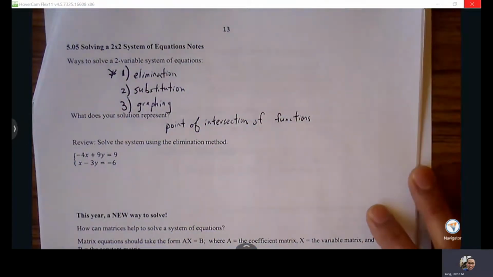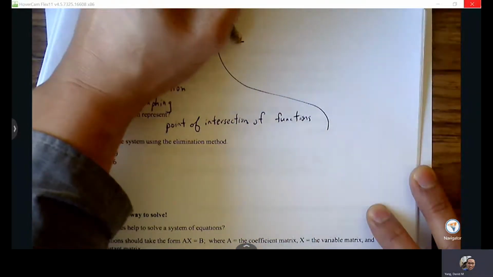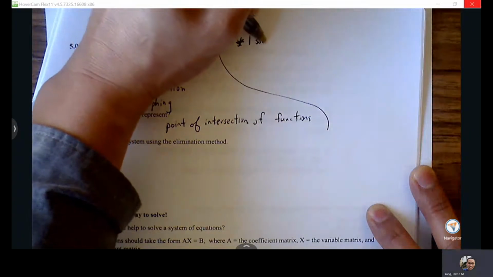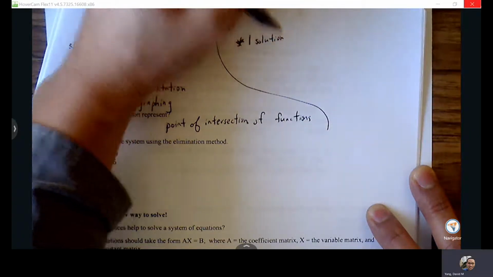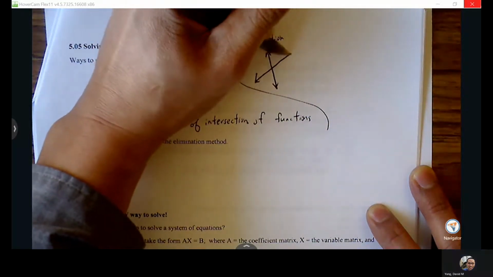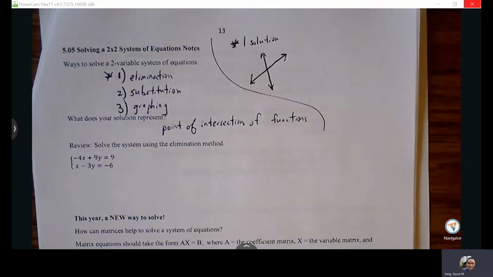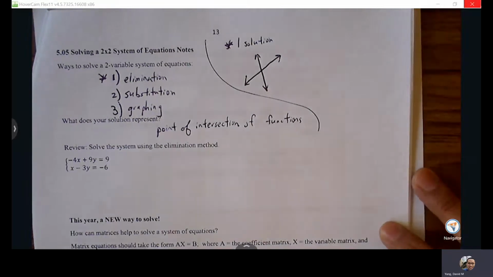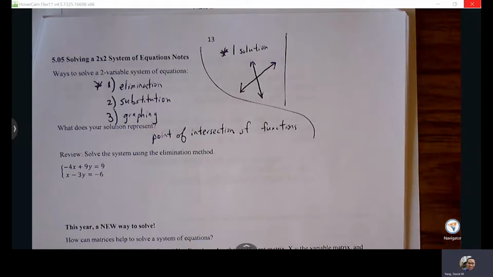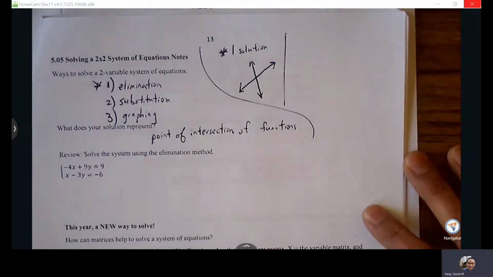These are going to be linear graphs, so the majority of your answers will be just one solution. Imagine two lines intersecting: if they intersect, they're only going to intersect at one point, right? That's the majority. There's also the possibility of no solution.